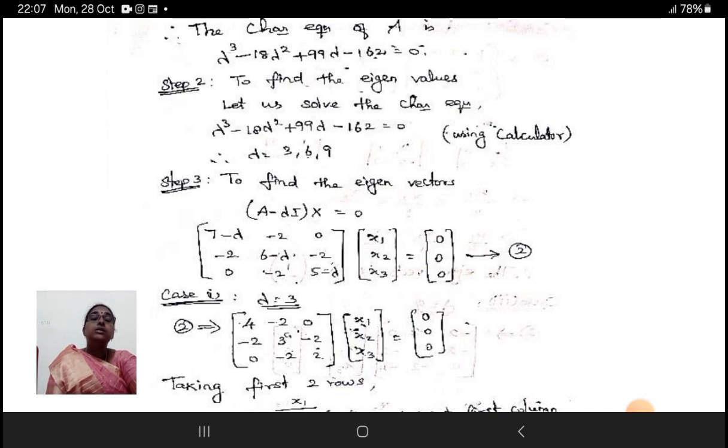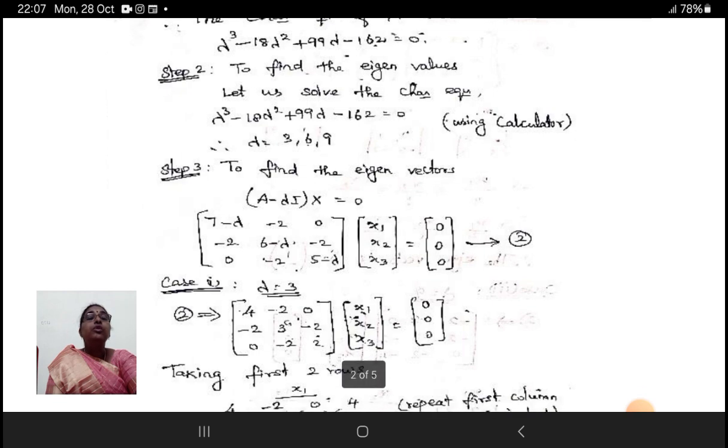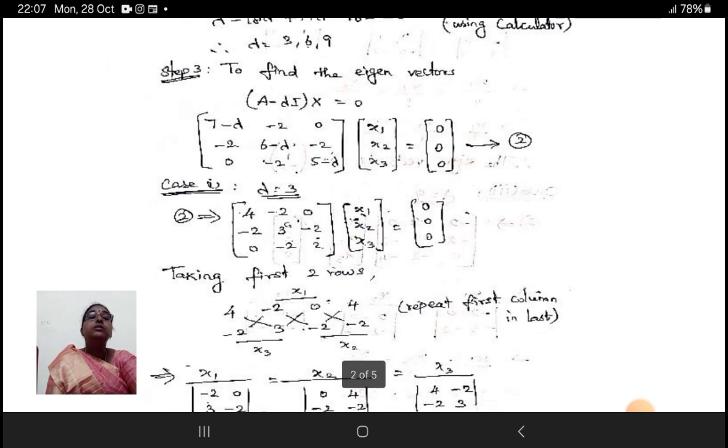Lambda means the eigenvalue. Now we have the eigenvalues, and these 3 values are all different.